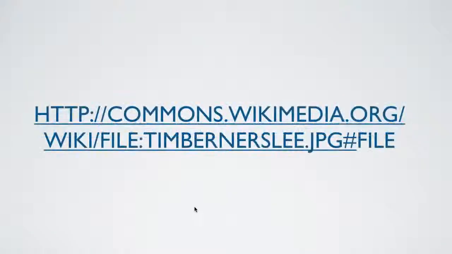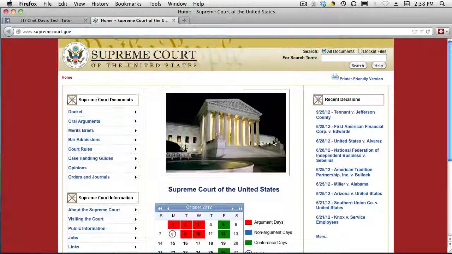Another URL is one like this. Now, this is a bit more convoluted. So you can see we have http:// commons.wikimedia.org. So that's what we call a domain name, which we'll learn about in a second. And then it's the file name. Now, this is not just a random file.